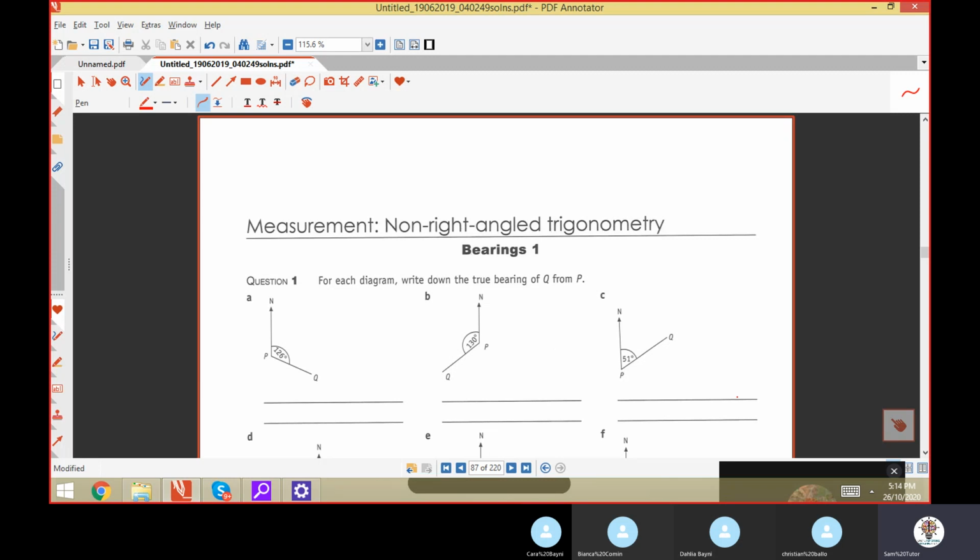Well, if that's 60, then what's the remaining angle? Must be 300. So from B, it's 300 degrees. From, that's the starting point. So from A, that's easy. From A is just 120 degrees.